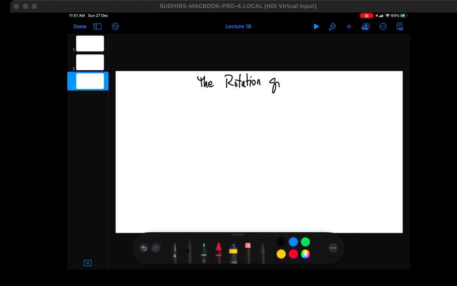The rotation group describes the rotation of a vector in 3 dimensions.